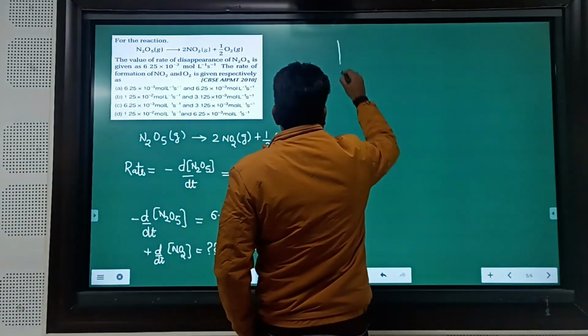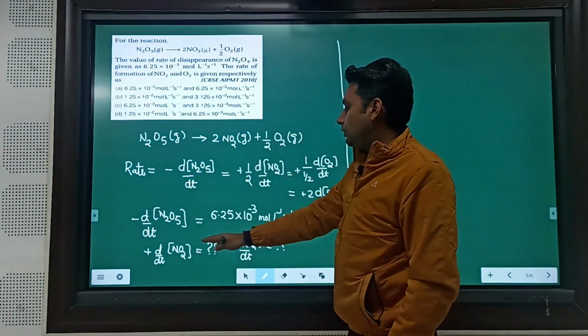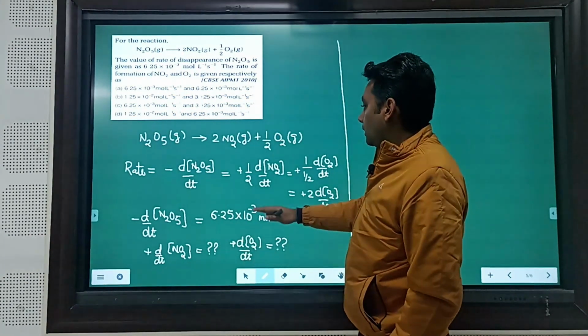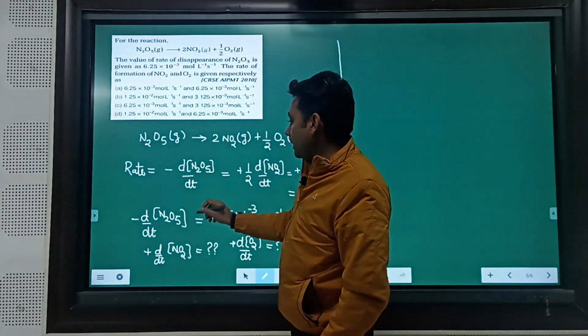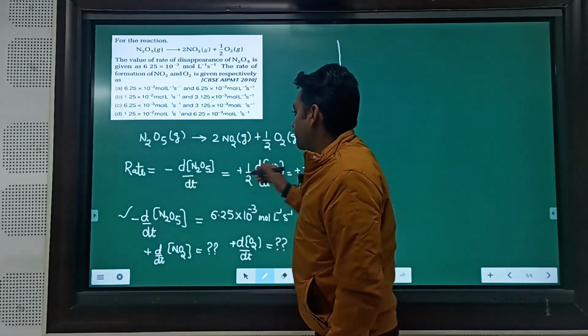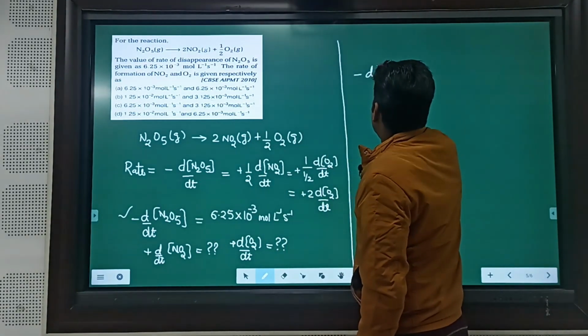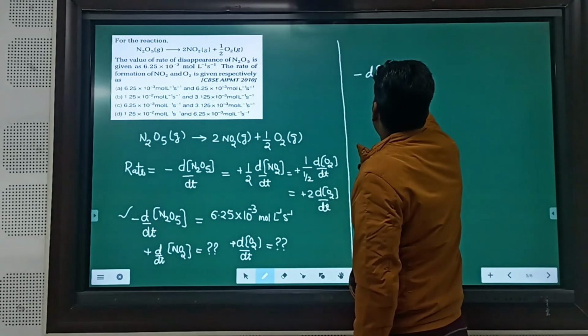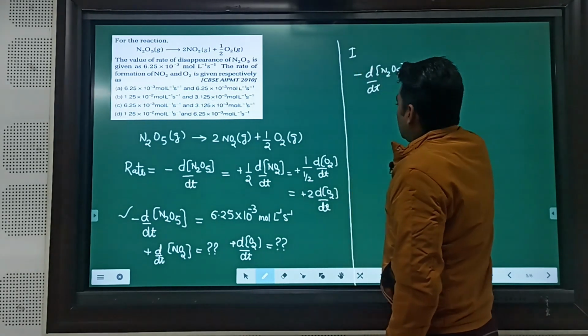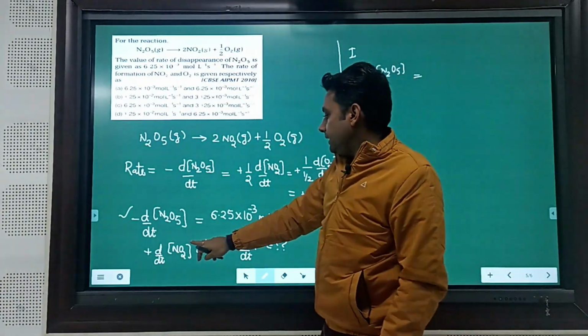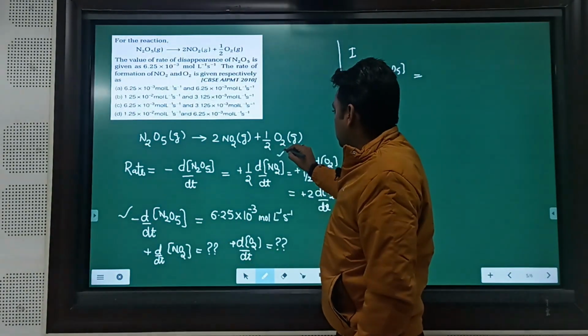So we have to calculate these two values by using this particular relationship. We compare the required parameter and the given parameter. In this case the given parameter is minus d/dt. So we take minus d[N2O5]/dt, that is the first part, equal to the required one, which is NO2, and NO2 is in this part.